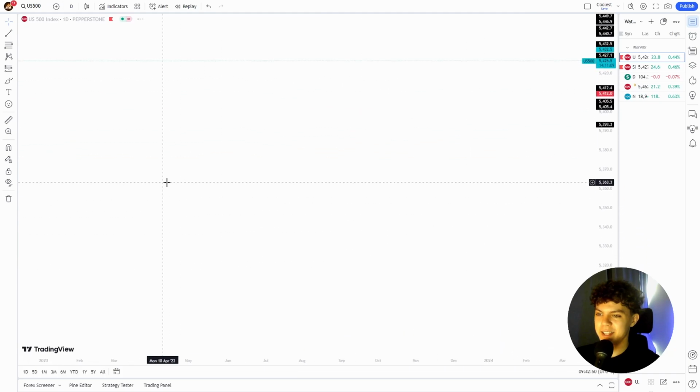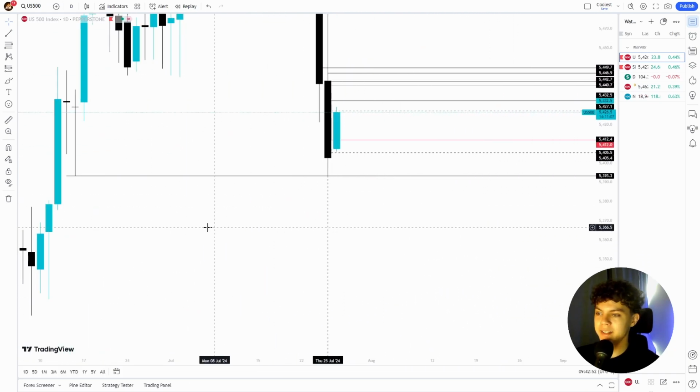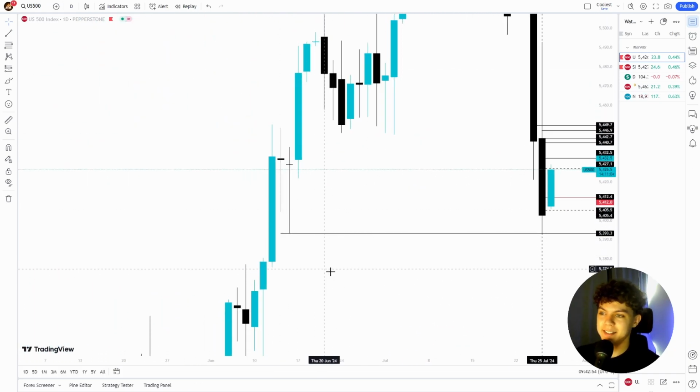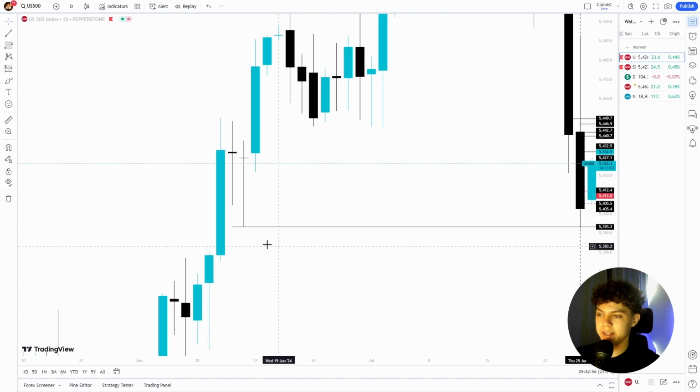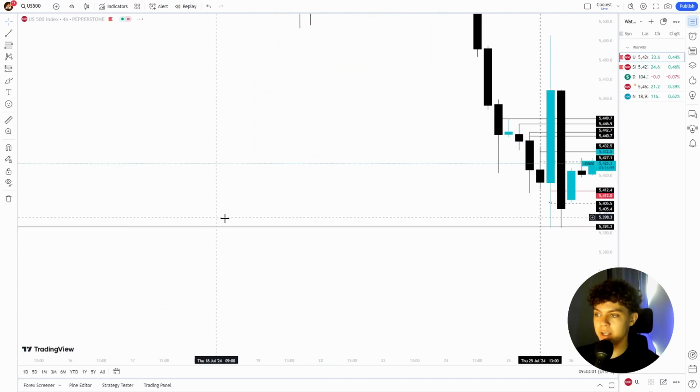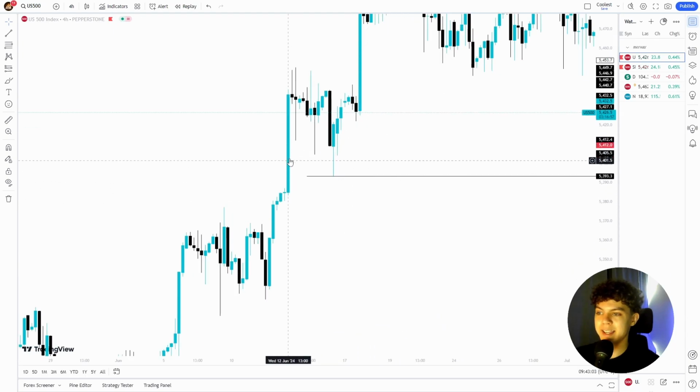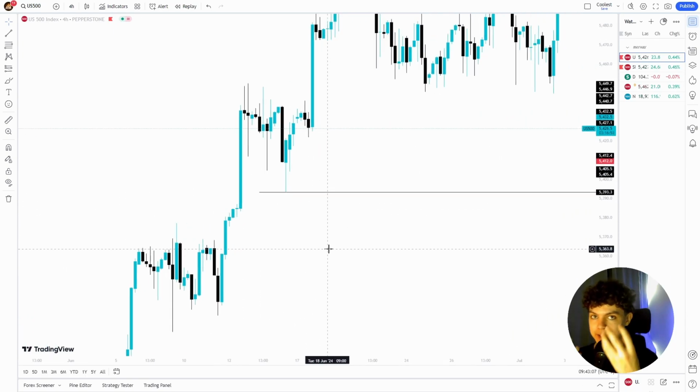Look at this. If we go to the daily time frame, we can see what happened. Here's a draw on liquidity. This is a little daily time frame low, which has massive amounts of liquidity. Let me show you in the 4-hour time frame. This is a literal draw on liquidity. A draw on liquidity is liquid cash that banks, institutions, and even hedge funds, the whole market movers, are going towards, because there they can take people out of the market, and also people are entering the markets.